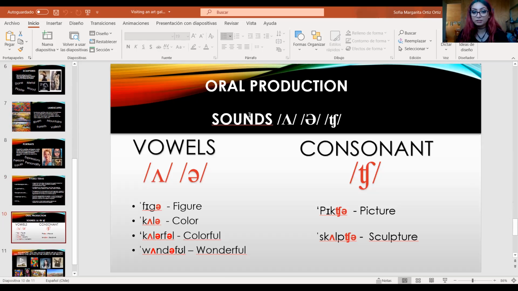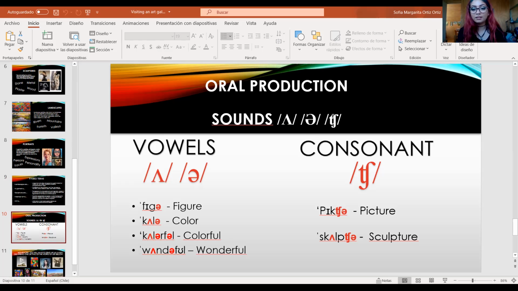We're going to learn 2 vowels and 1 consonant, okay, and their sounds. So here we have the first one that is like an A, and it is produced like A, A, A. The second one is more like uh, uh, uh.